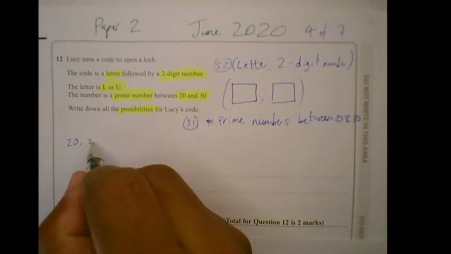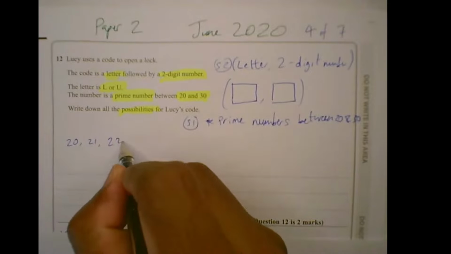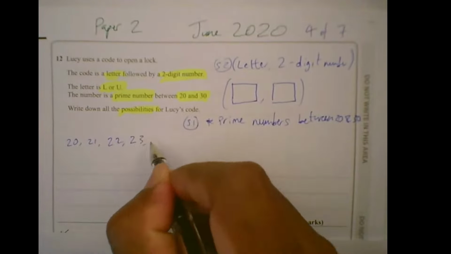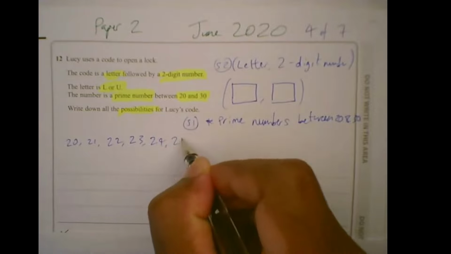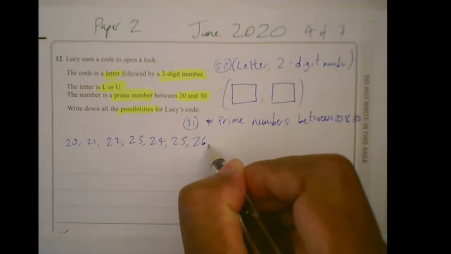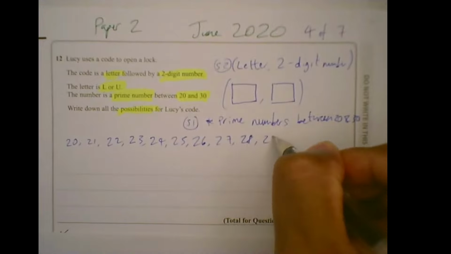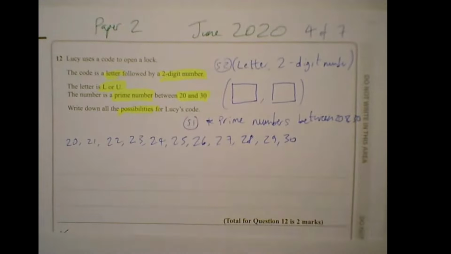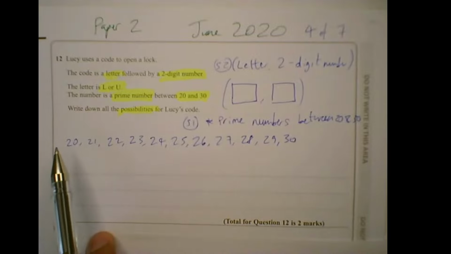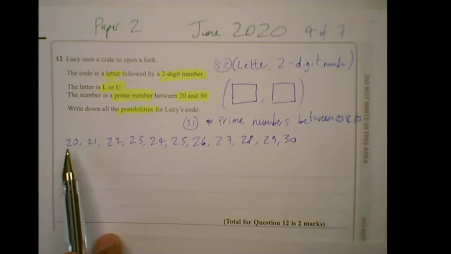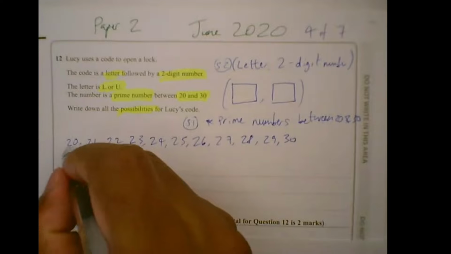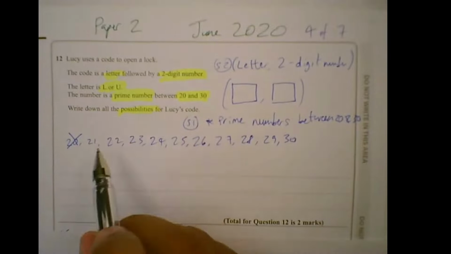So 20, 21, 22, 23, 24, 25, 26, 27, 28, 29, and 30. Now, prime numbers don't have any numbers that go into them. So 20 is not a prime number. 2 goes into 20, 10 goes into 20. So I'm going to cross this out.